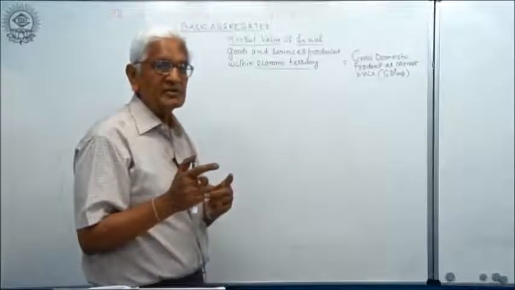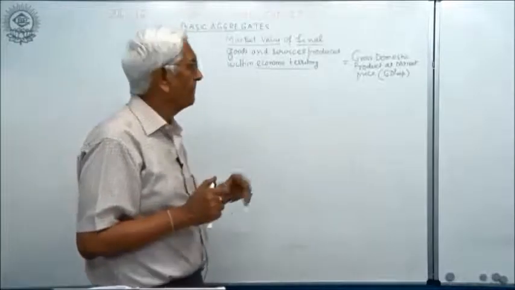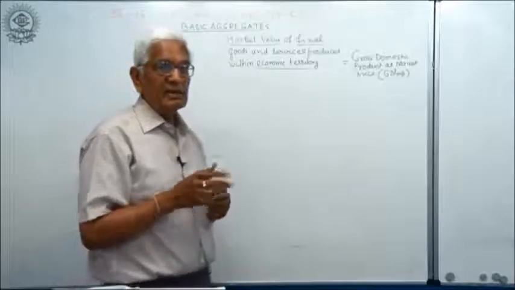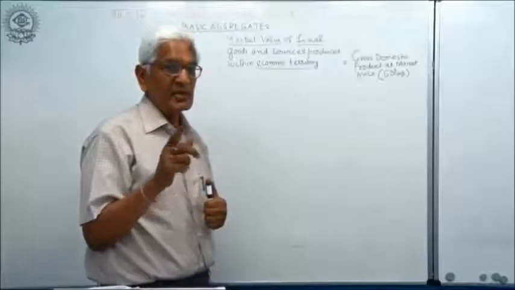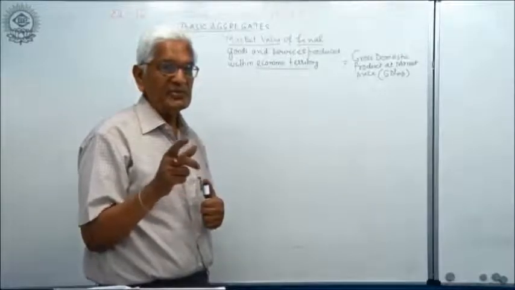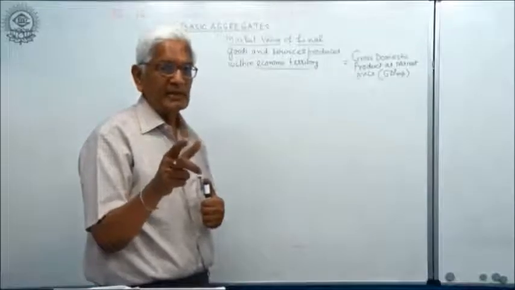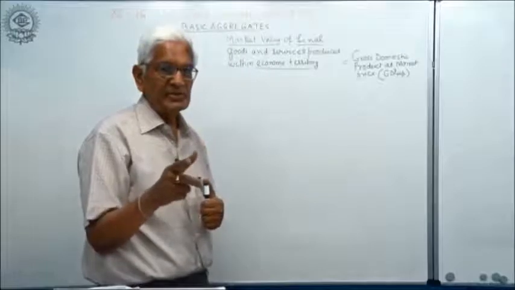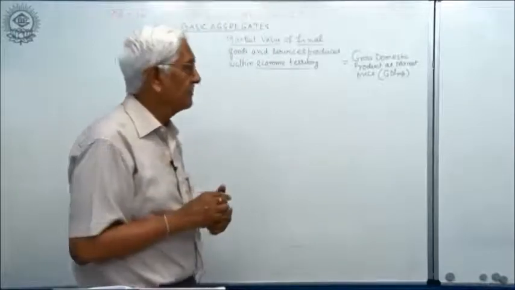Intermediate goods and services have already been adjusted and ruled out from this. We are taking the market price. What is market price? The price which the actual buyer pays to the seller, or let us say the final buyer pays to the seller, that is market price.